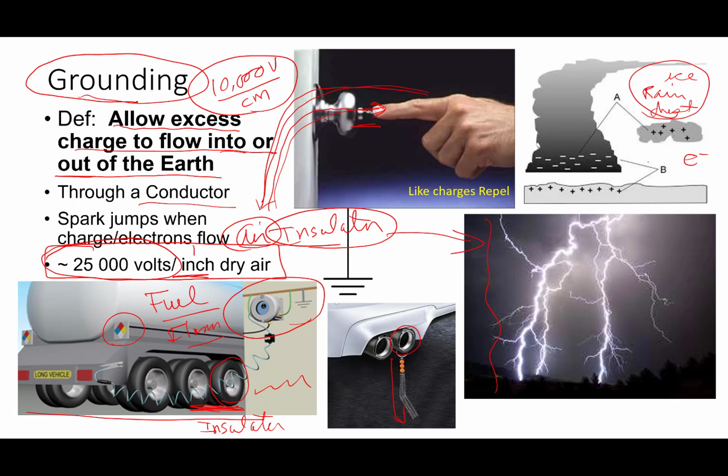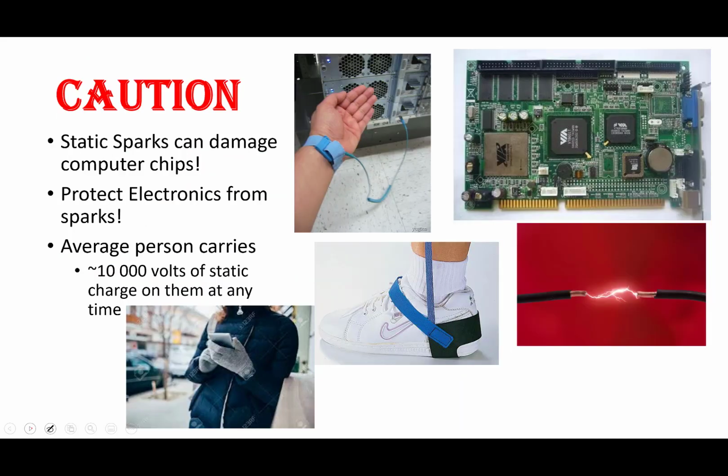Well, these charged particles are produced just like rubbing your feet on the carpet. These tend to build up. Air is a good insulator, so you have to have a big amount of electricity before it jumps. And a bolt of lightning can be as much as 100 million volts. It is a huge amount of electricity, and that is why it can be tremendously deadly.